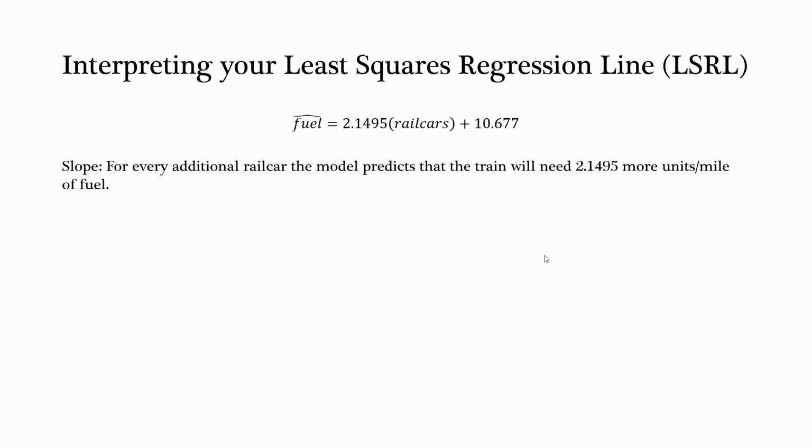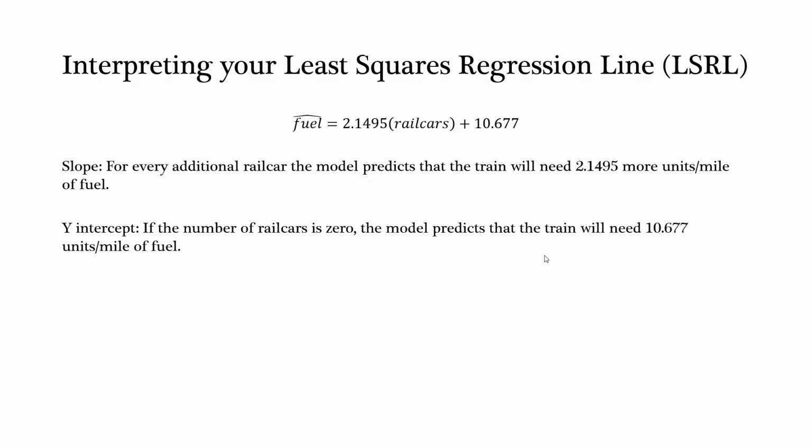So in this case, the units for my slope will be units per mile, since that's the units for fuel, over number of railcars, since that's the units on the explanatory variable. So what this slope actually means is that for every one additional railcar, the model predicts the train will need 2.1495 more units per mile of fuel.